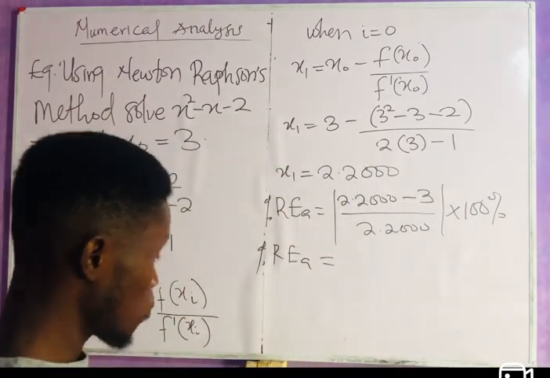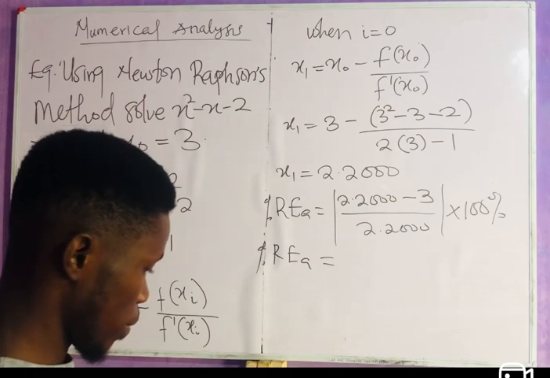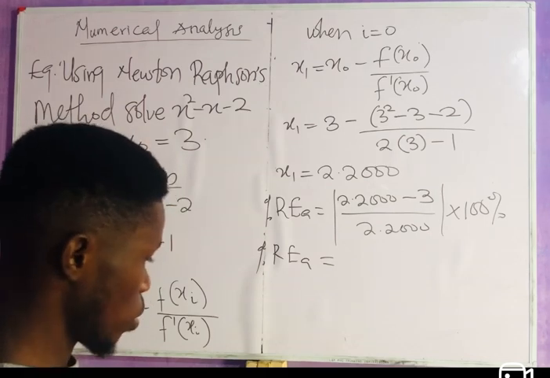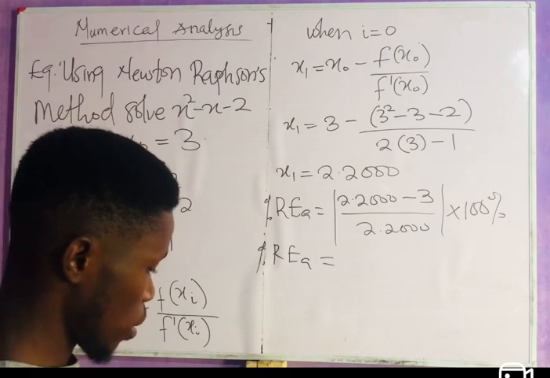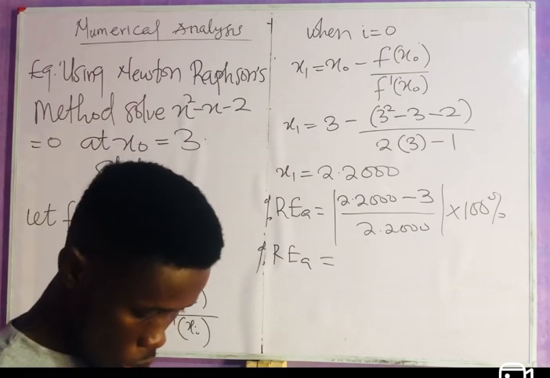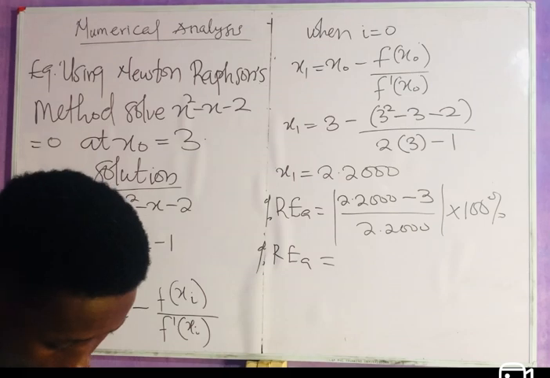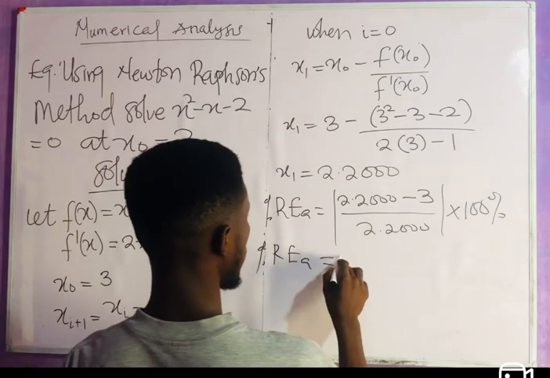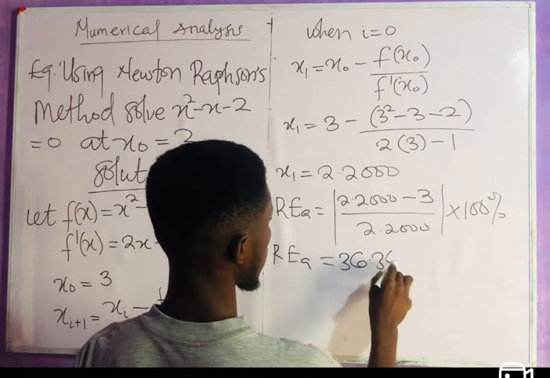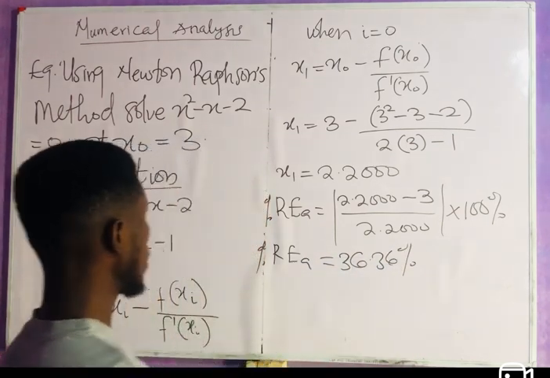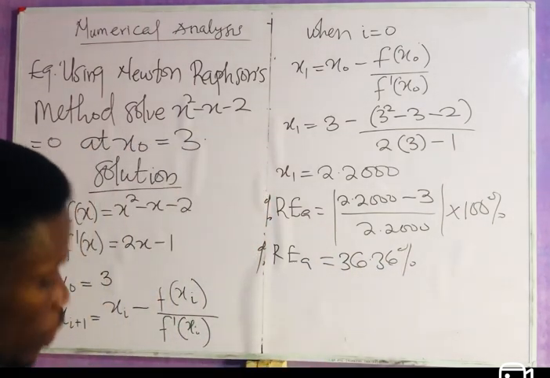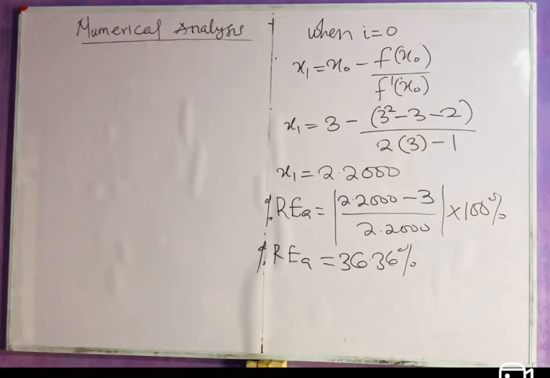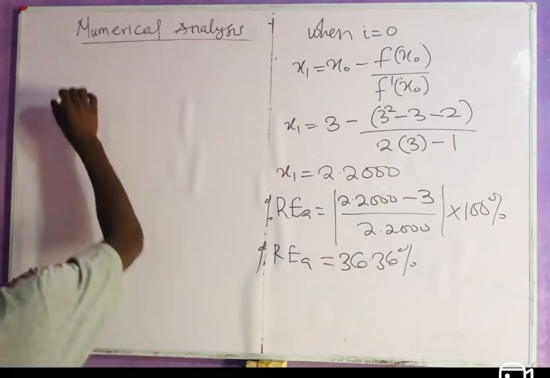So we have 2.2 minus 3 divided by 2.2 multiplied by 100. So we are getting 36.36. Let's leave it in 2 decimals. 36.36%. This is what we have. Let's move on to the next one.